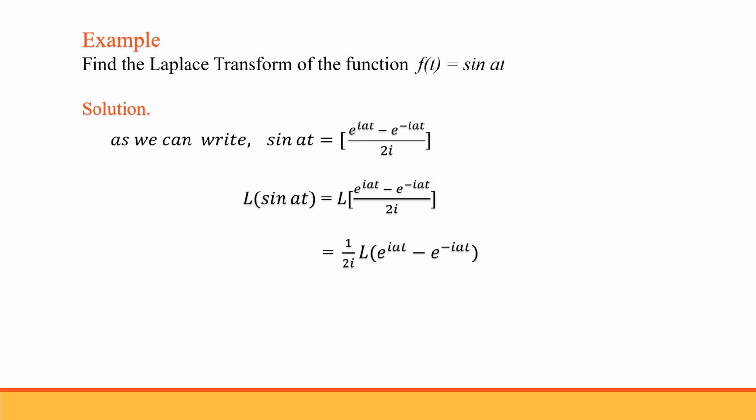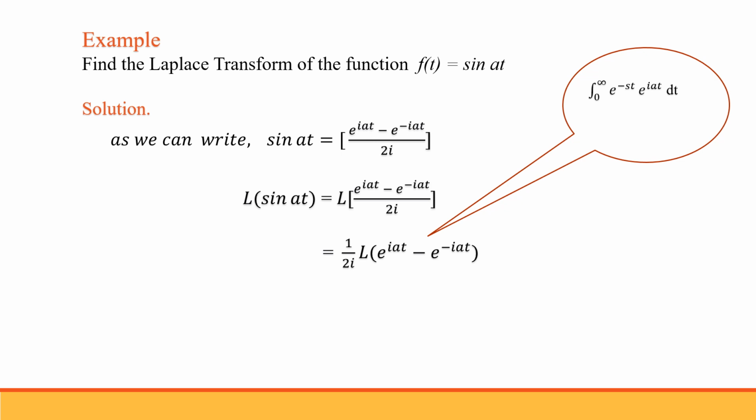In the earlier lecture, we learned how to find the Laplace transform of e raised to the power at. In a similar manner, we will apply the formula, that is, integral 0 to infinity e raised to the power minus st into e raised to the power iat for the first, and integral 0 to infinity e raised to the power minus st into e raised to the power minus iat for the second part.